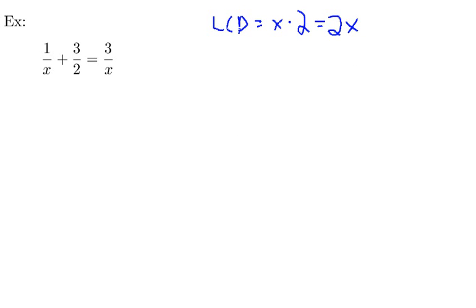So let's go ahead and rewrite this equation and multiply both sides of the equation by the LCD. This will take just a little bit to type out. Okay, so I'm multiplying the left side by that.